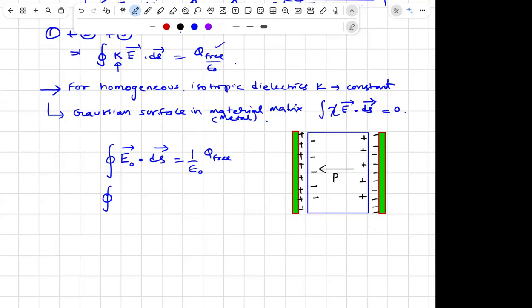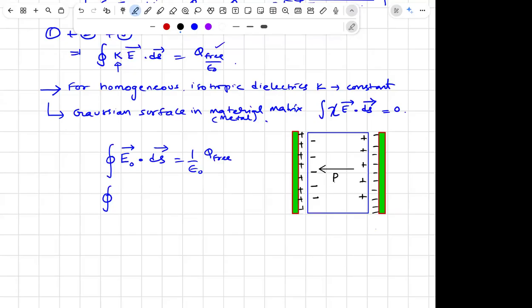Polarization direction. Am I right? Wrong. Actually, what is the direction of polarization vector? Negative charge to positive charge. Why?